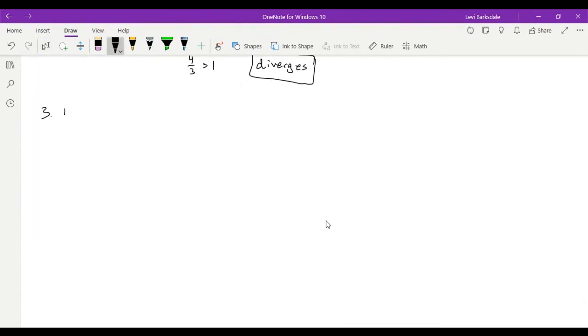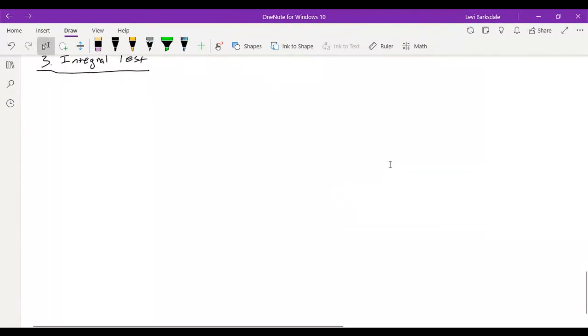Okay, next topic is the integral test. Hidden inside this one, we're actually going to talk about the p-series test as well.